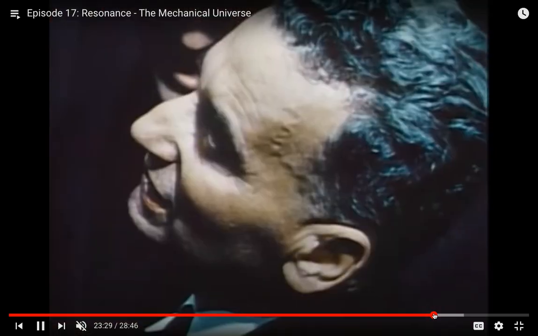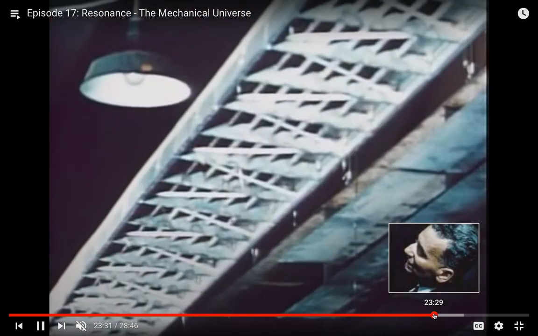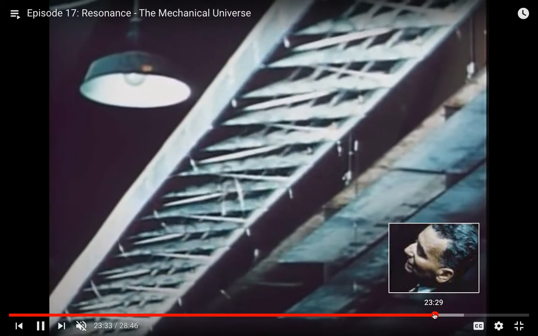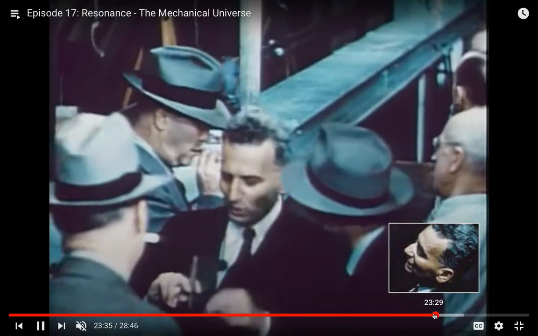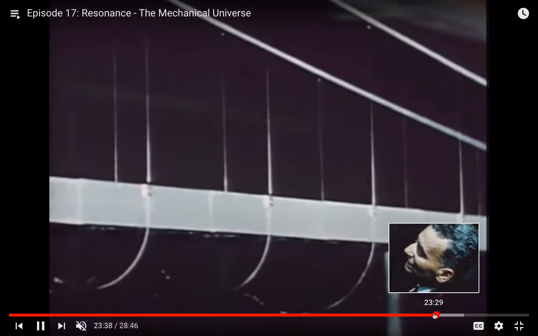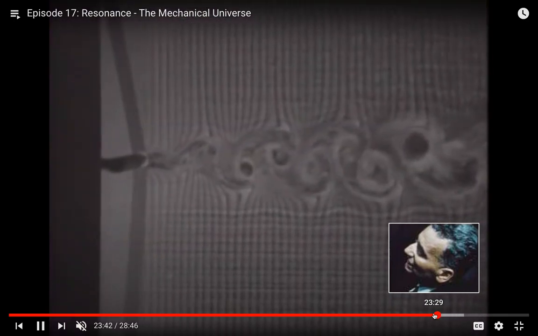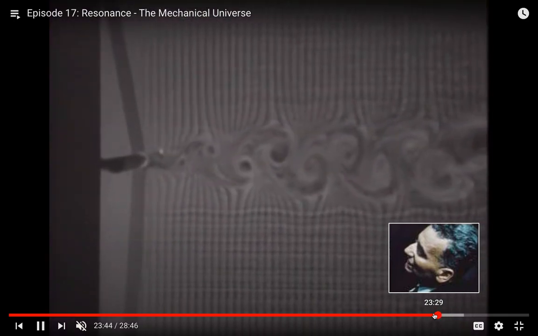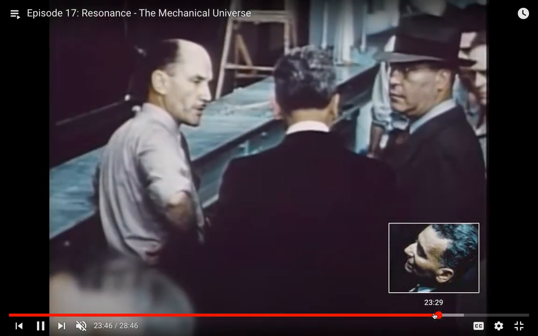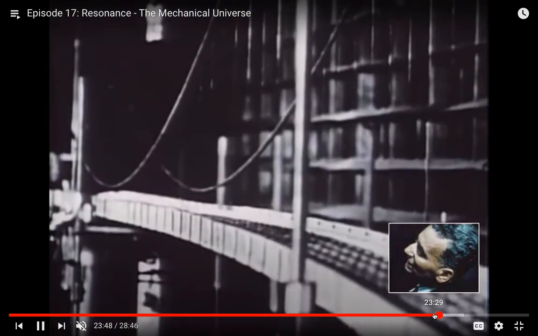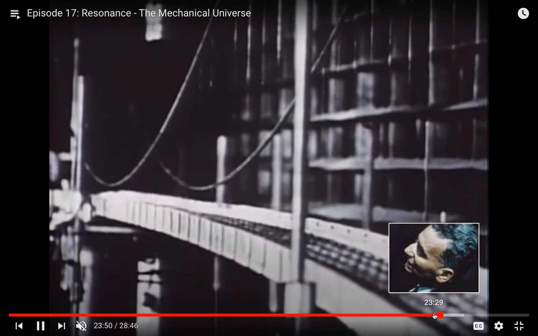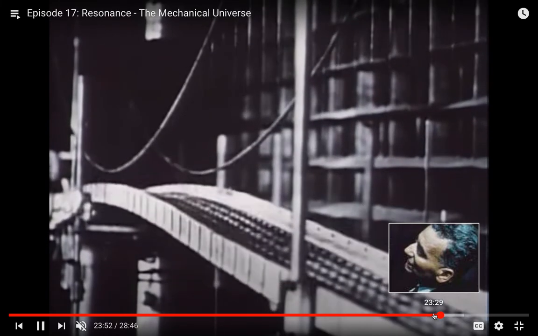There was an aerodynamics professor at Caltech, von Karman, I think his name was. He came up with an answer, and he said the reason the bridge failed is because of aerodynamics, and it's something called vortex shedding. It's when air moves over a rough structure, it creates eddy currents. And those currents of air can exert a force on the bridge.